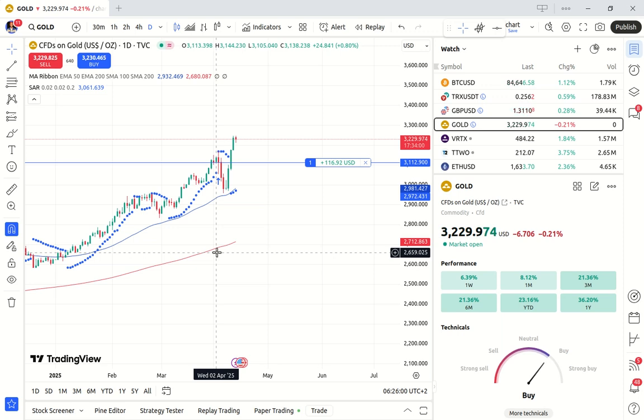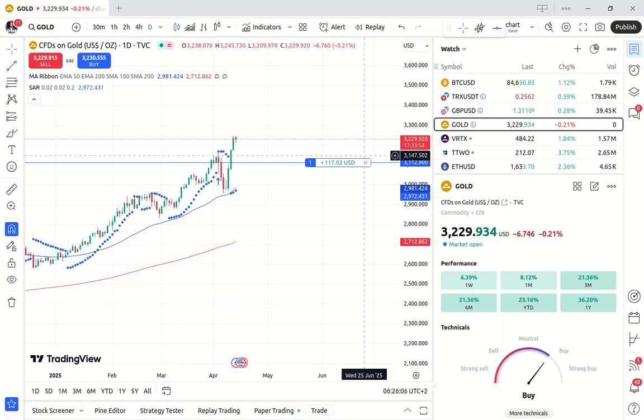So SAR stands for stop and reversal, if I'm not mistaken. Let me see. Stop and reversal, right? It should be stop and reverse. Let me just confirm that.